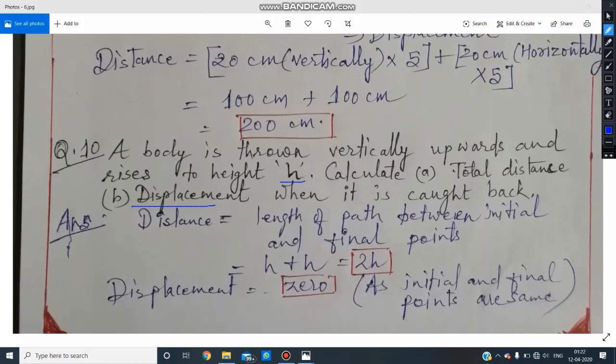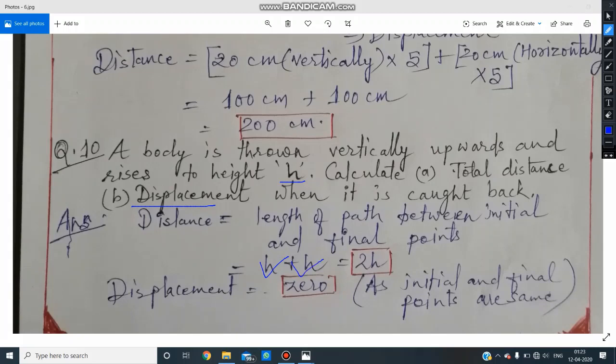Definitely a body has to come back if it has been thrown vertically upward. So distance will be again the length of the complete path as it is going up covering h and again coming down covering h. So the length of the path between initial and final point will be h plus h, and that gives you 2h.